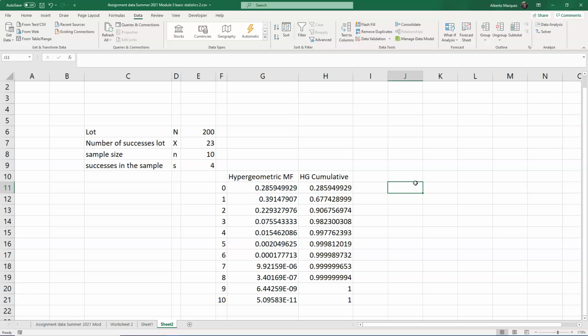The binomial has different parameters. The binomial has the number of trials and the number of successes, but it doesn't have a lot size and doesn't have a number of successes in the lot. However, what we can do is estimate a probability of success by computing the p value of probability of success at a single step.